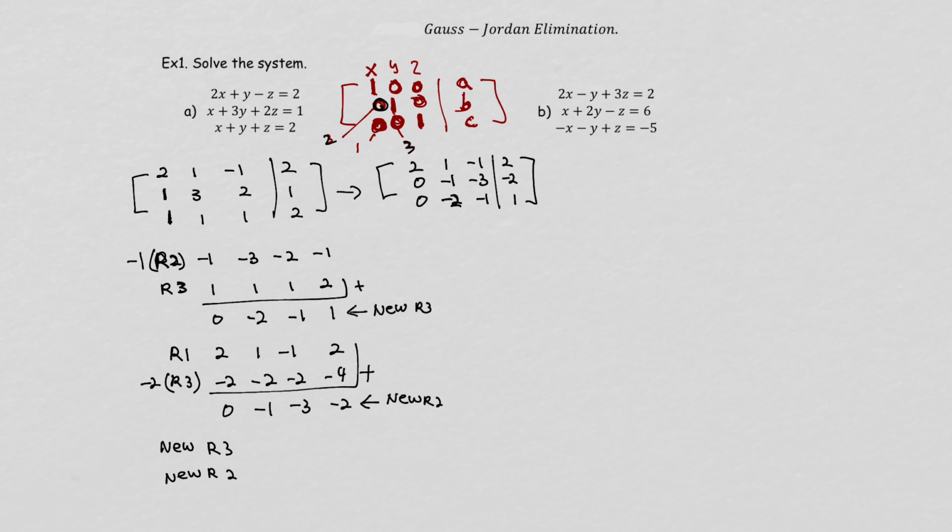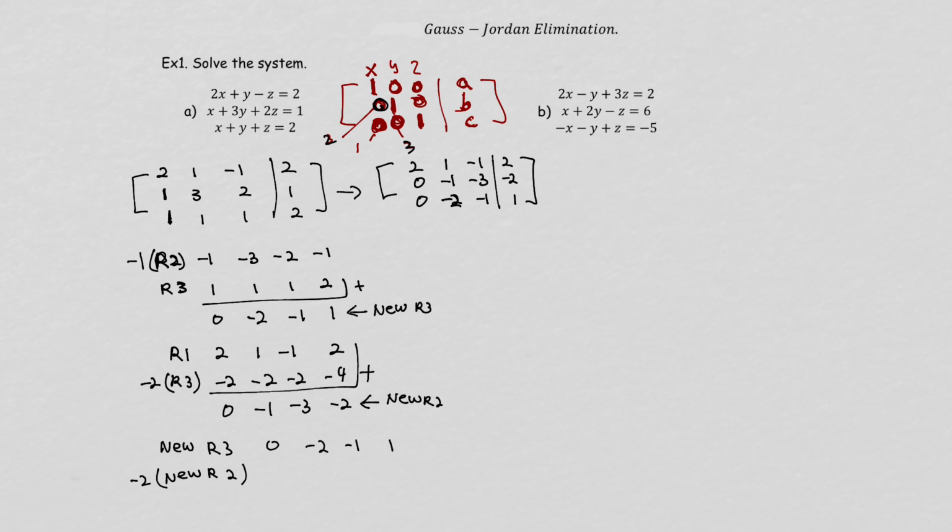And you want to multiply new row 2 by negative 2. So new row 3 is 0, negative 2, negative 1, and 1.